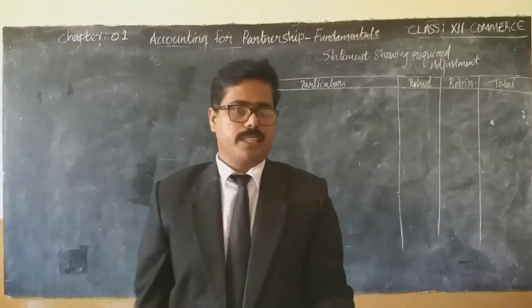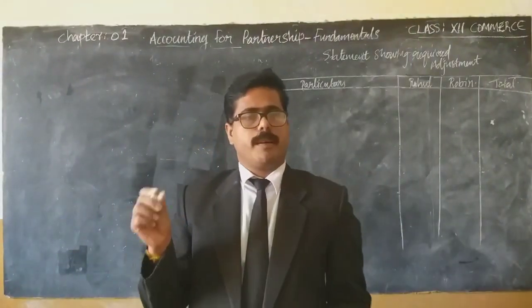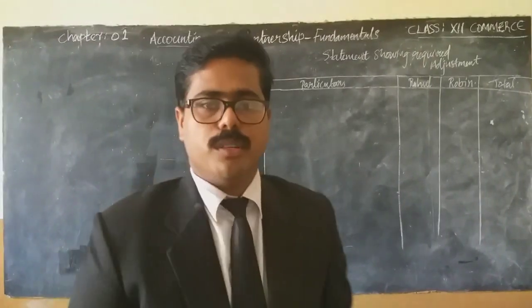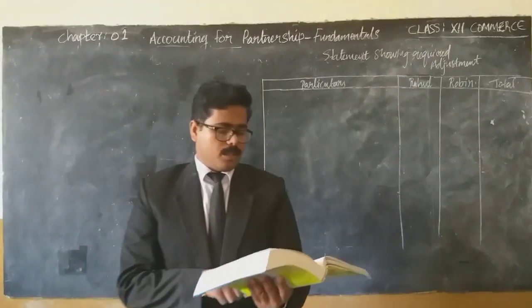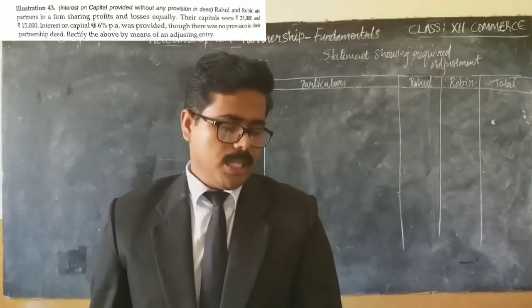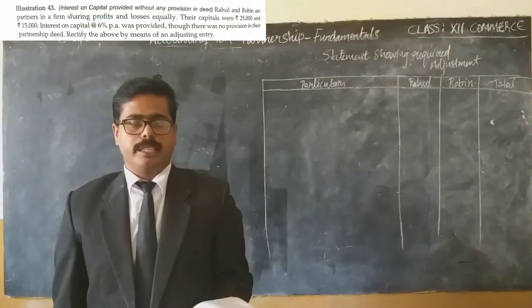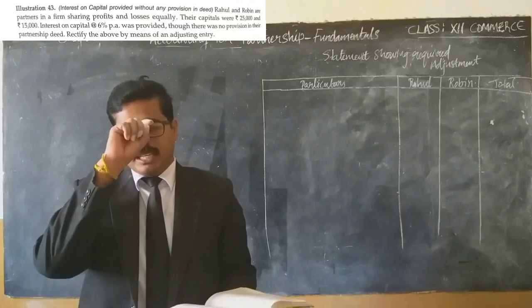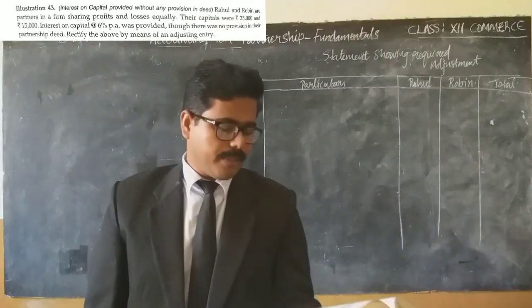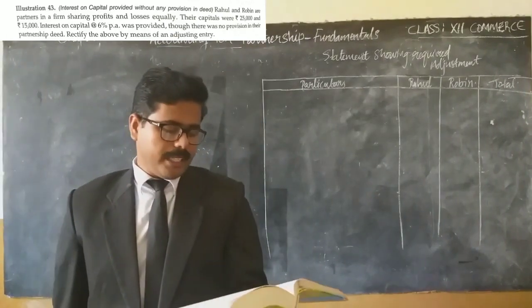Okay, let's do one question. From an exam point of view, past adjustments are very important, so pay your full attention here. As per the question, Rahul and Robin are partners in a firm sharing profit and losses equally, that means 1:1. Their capitals were 25,000 and 15,000 rupees.